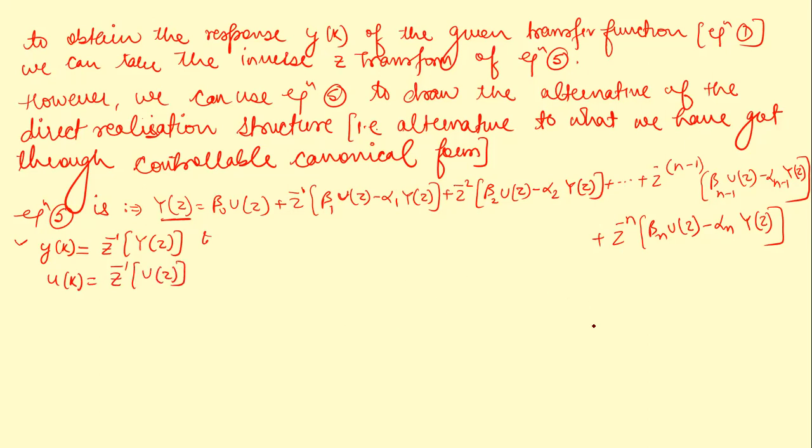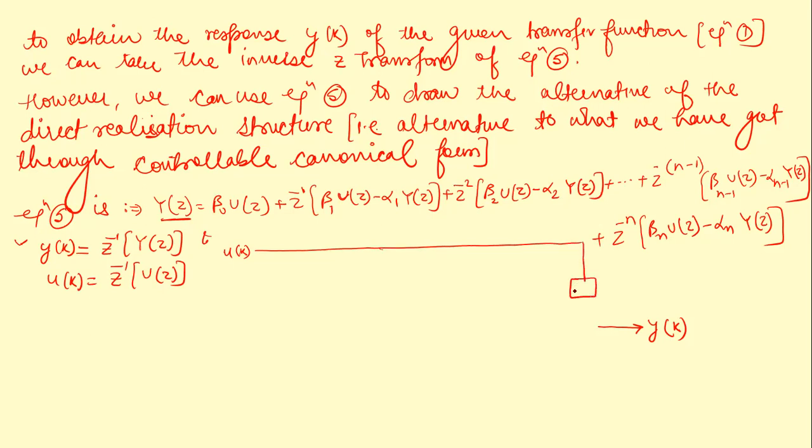So we have, let us say yk, this is the output, right? And because this is the output, now we have yz is equal to beta naught into uz, means uk. So let us take uk here. From here we have uk, and then we will multiply uk with beta naught.